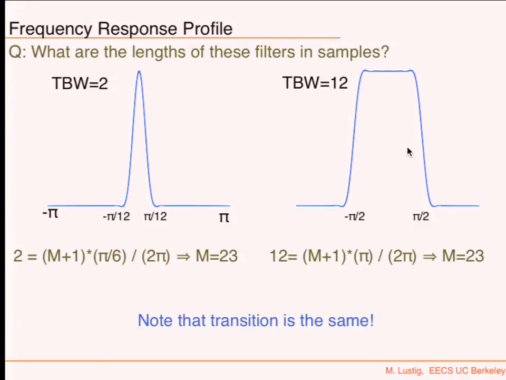So a narrow band filter costs if you want a high time bandwidth. Do you see the point? It costs in length if you want to make something really selective, with a high time bandwidth.